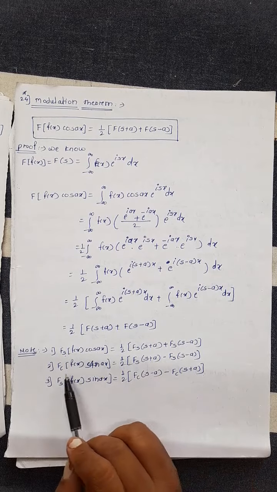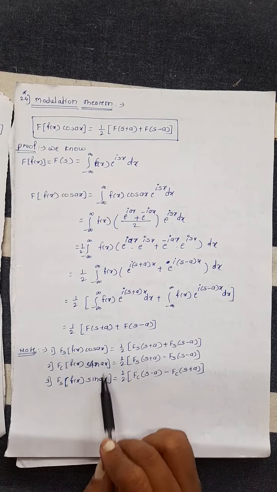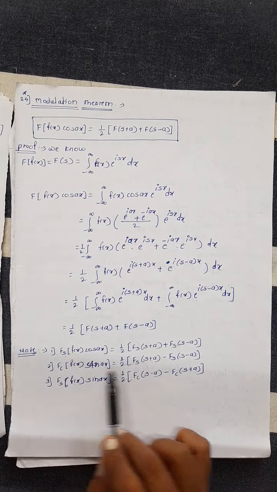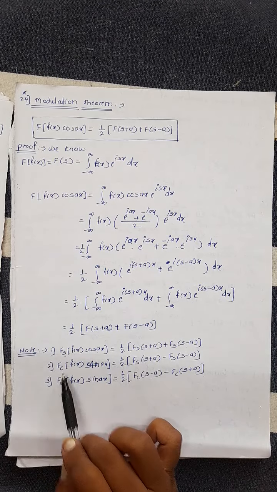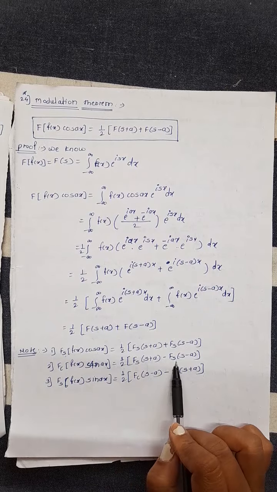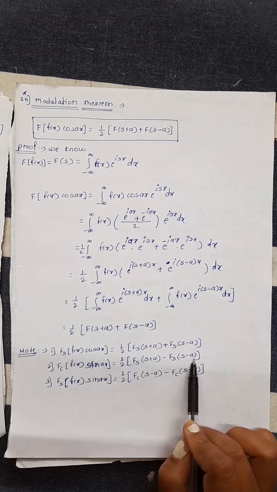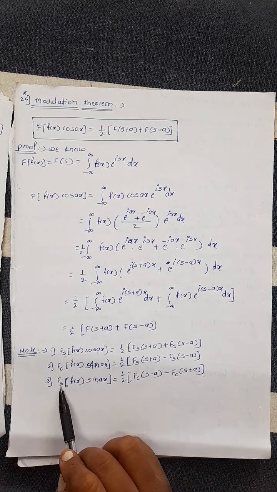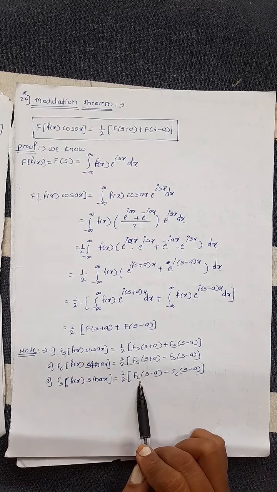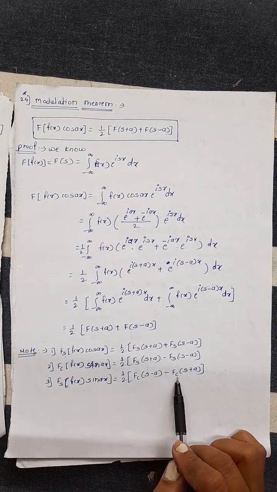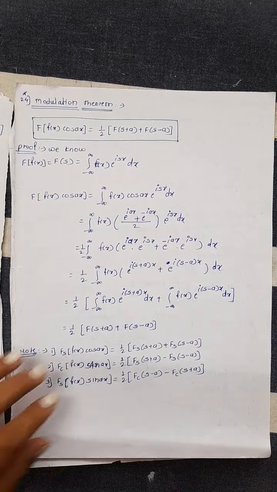Now Fourier cosine transform of f(x) sin(ax) is equal to half into Fs(s+a) plus Fs(s-a), where the sine and cosine transforms get reversed. And the Fourier sine transform of f(x) sin(ax) becomes half Fourier cosine transform of s minus a minus Fourier cosine transform of s plus a. Remember these results.